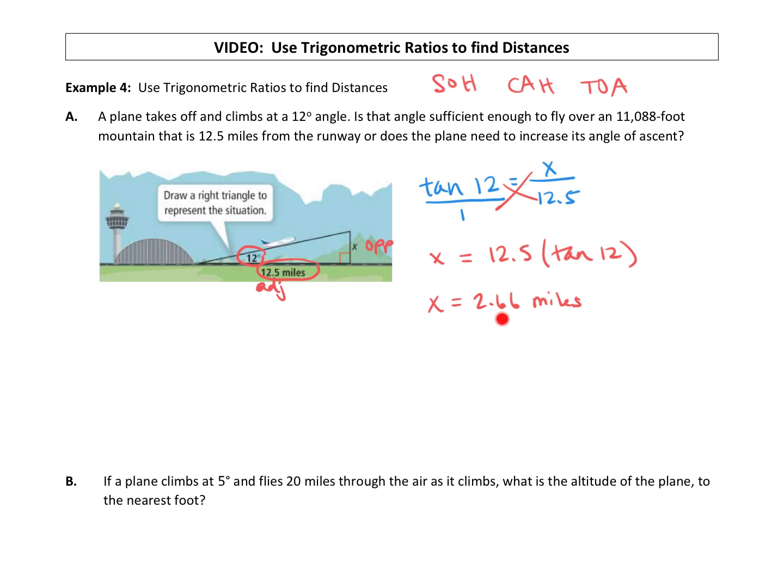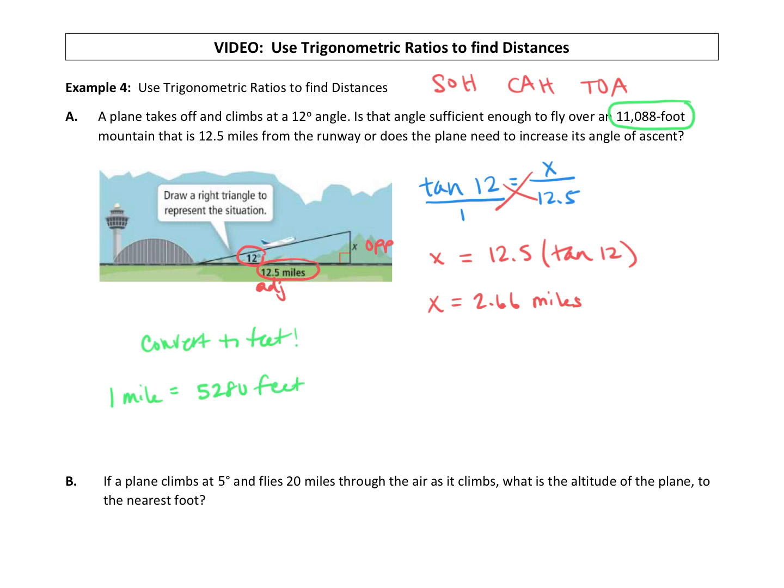Is this high enough to clear the mountain? So let's look back at the problem. How high is this mountain? Oh, okay, so our mountain height is in feet. So we're going to convert to feet. Let's recall that 1 mile is equal to 5,280 feet.